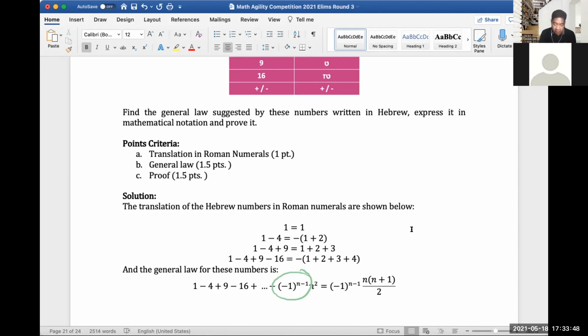And then if you look at the numbers, it's basically 1 squared, 2 squared, 3 squared, 4 squared, right? So this would be n squared here, to answer that series of numbers on the left-hand side.